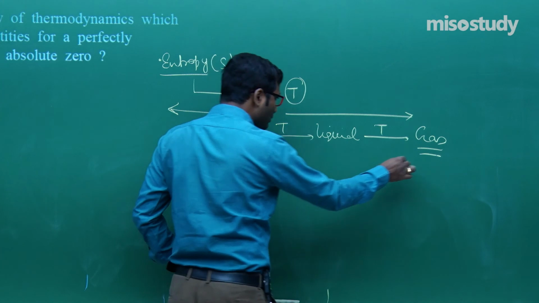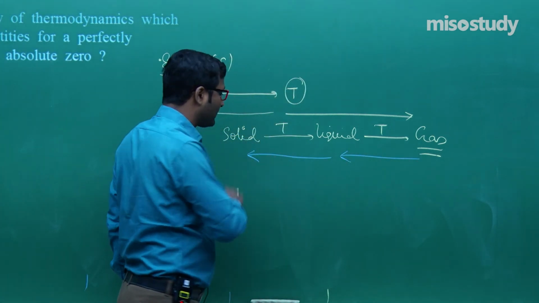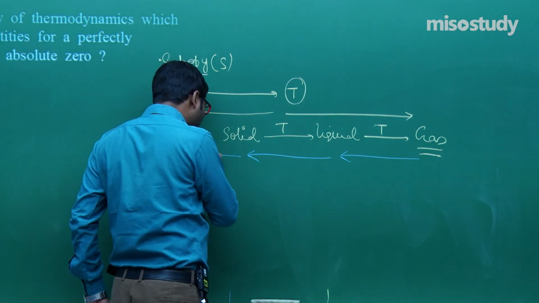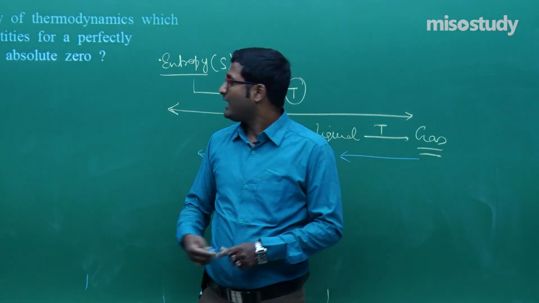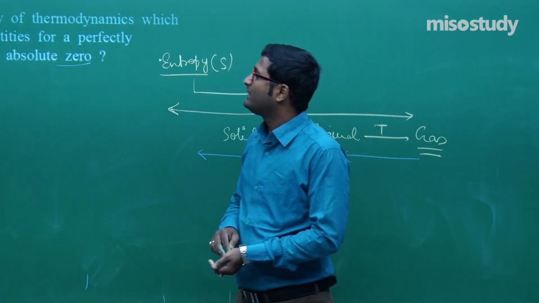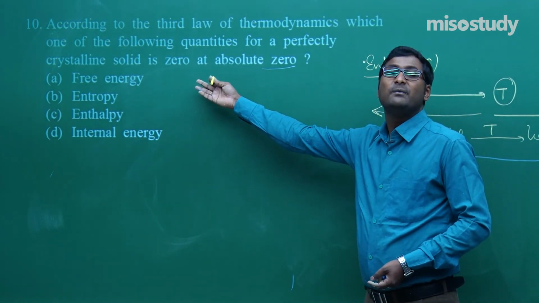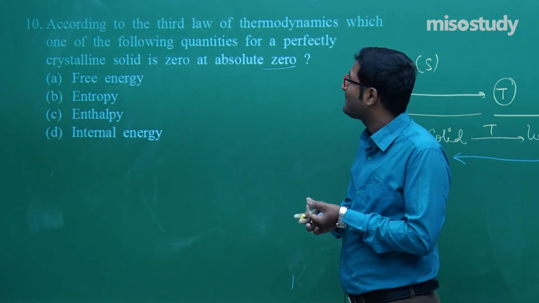But if we reduce the temperature, then gas will be converted to liquid and liquid will be converted to solid. So the randomness decreases. If you decrease the temperature again, the entropy will also decay. So at absolute zero, what will happen? The entropy will be zero, because that is the lowest temperature, absolute zero.